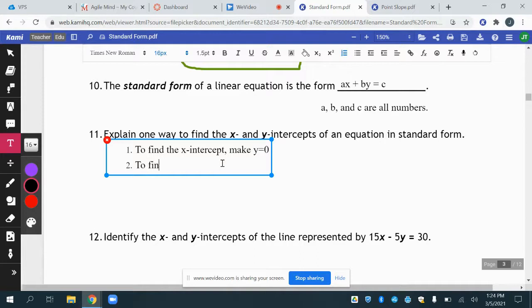To find the y-intercept, make x equal 0. Why does this work?